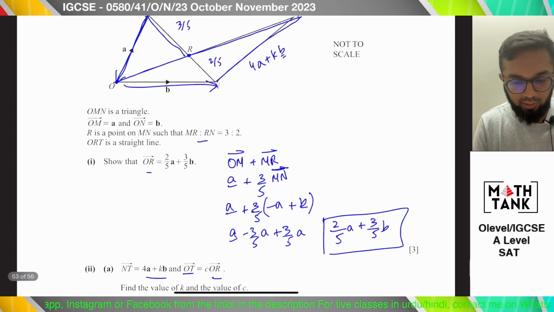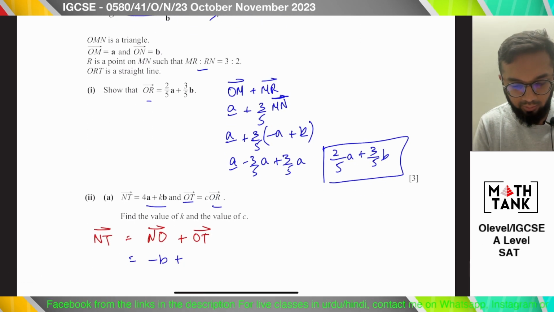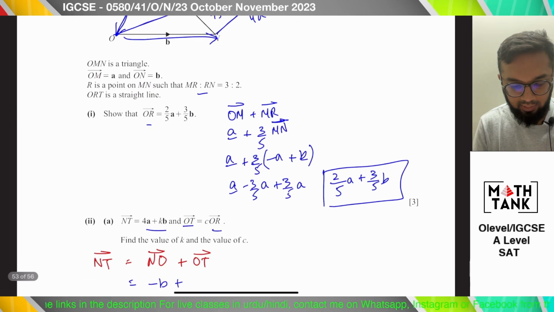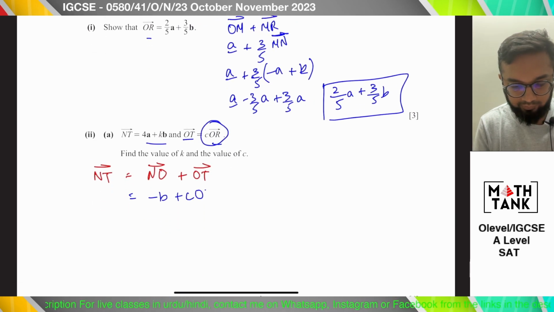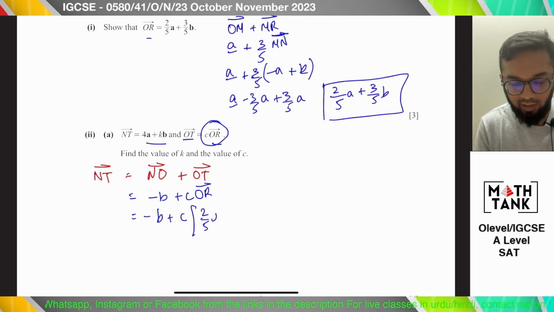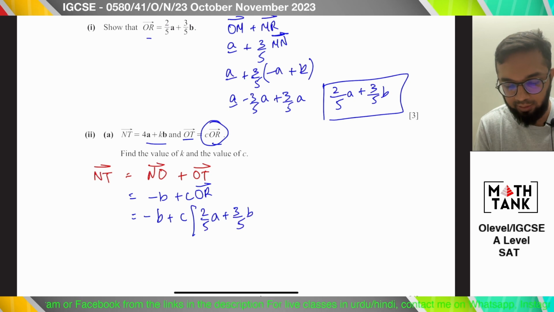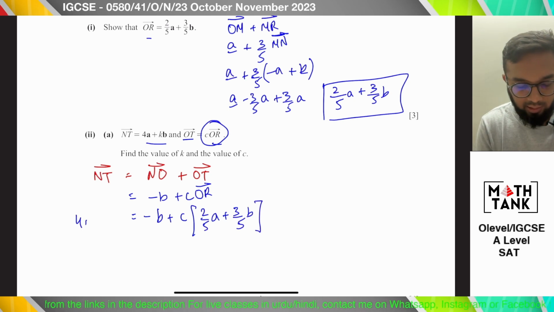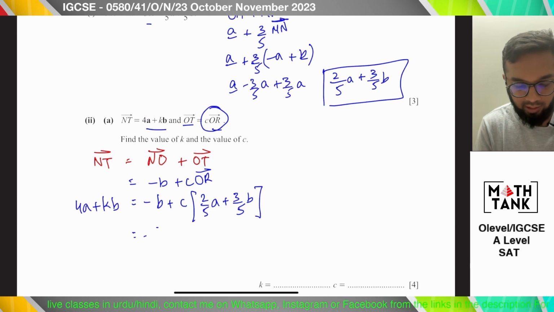So N to O is basically minus B and O to T is C times OR. That is what I have. So minus B plus C times OR. What is OR? OR is 2/5 of A plus 3/5 of B. That's something that I've already done. NT here is 4A plus KB.